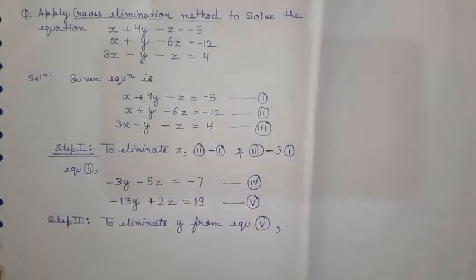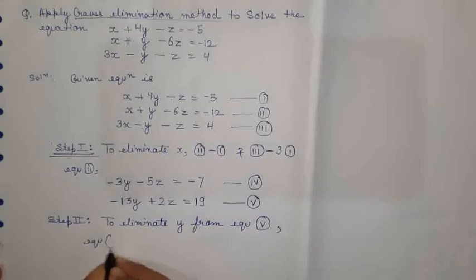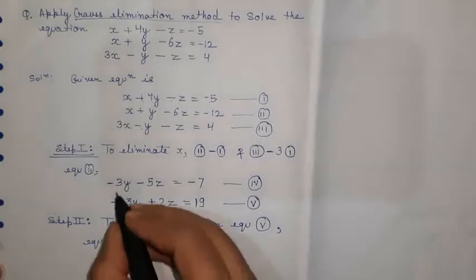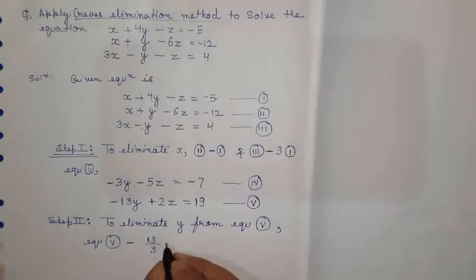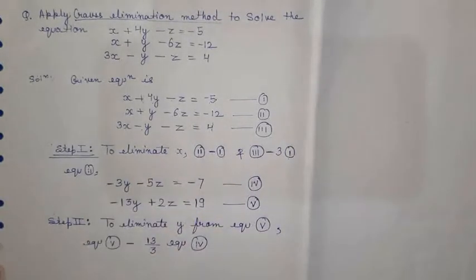What we can do is take equation 5 subtracted by 13 by 3 times equation 4, because 13 is not there already, so we can do it like this. If we do the subtraction like this, then we can eliminate it.